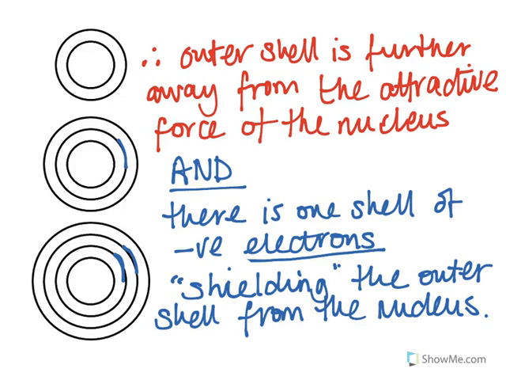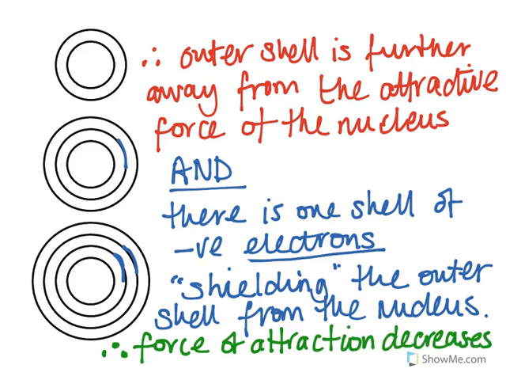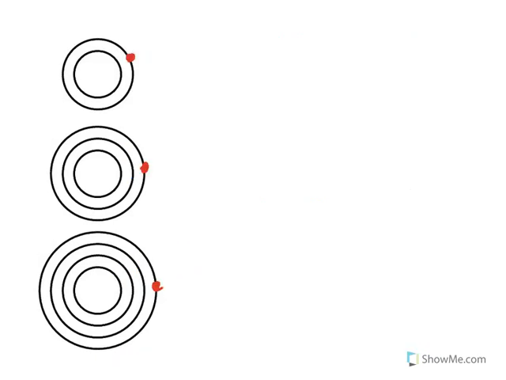They're effectively getting in the way of the outer shell. And the effect that has is that the force of attraction of the nucleus for the outer shell decreases as you go down the group, both because of the increasing distance away, and the greater number of shells shielding the outer shell from the attractive force of the nucleus.